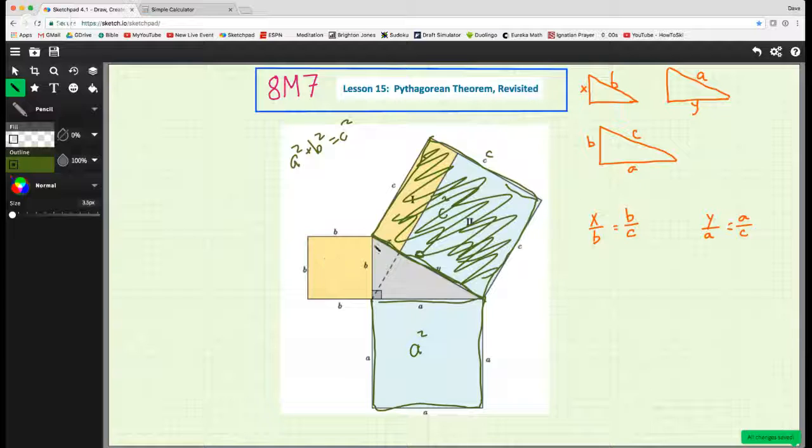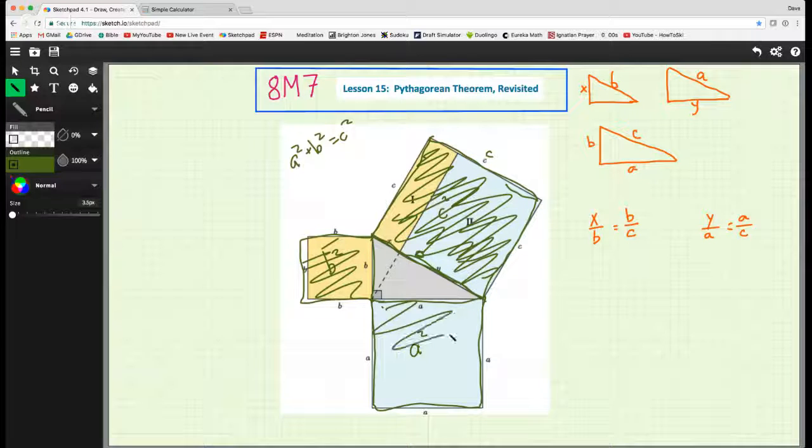And similarly, if we do it off this leg here, this area here is b squared. So the idea would be, if we can take the area of this b squared and the area of a squared, and add them together, a squared plus b squared, then that should be the same area as this big square. So that's the idea of this proof.